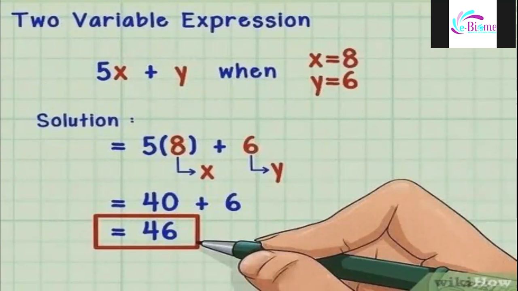So let's look at a two variable expression. So we have 5x plus y when x equals 8 and y is equal to 6. So they gave us both the values of x and y in this case. So we take the value of x, which is 8, and we replace the x in this expression with 8, and we put 8 in the bracket.